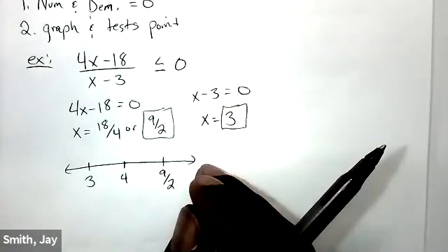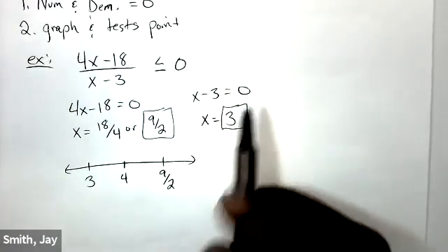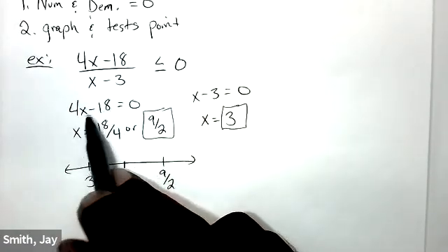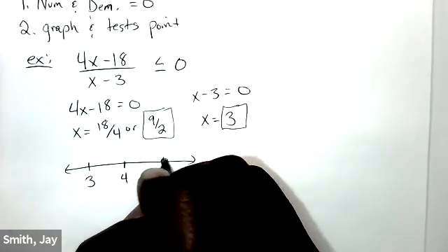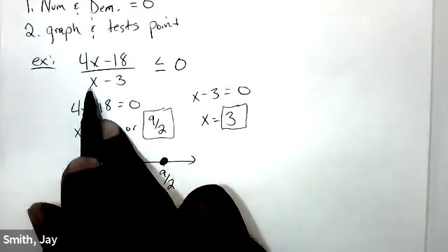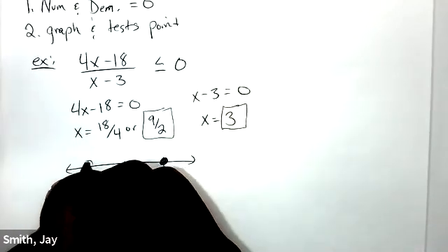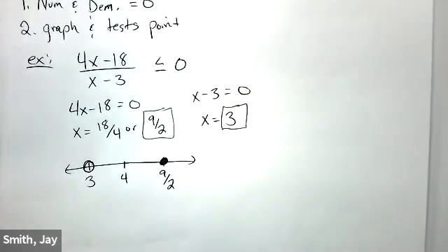Remember, if we divide by 0, it's not defined. So we know 9/2 is what makes the numerator 4x - 18 equal to 0, so 9/2 is going to be a part of my solution set. So we're going to put a closed circle here. If x equals 3, we end up with a denominator of 0, 3 - 3. We cannot divide by 0, so we have to exclude 3 from my solution set.